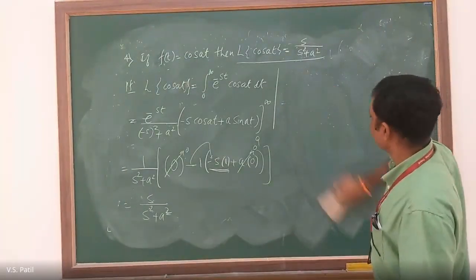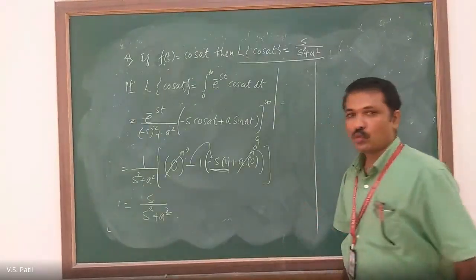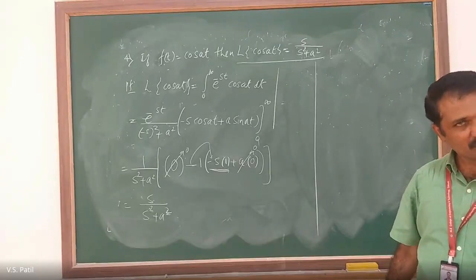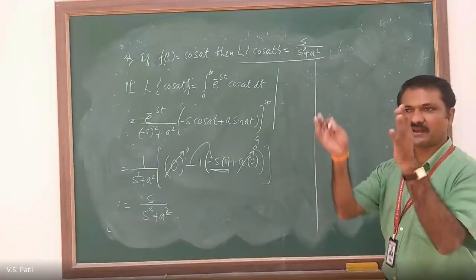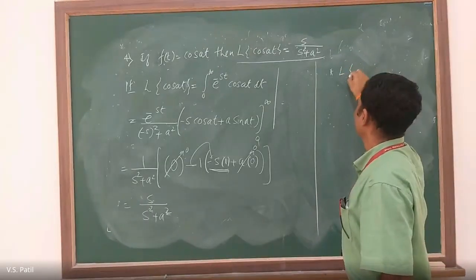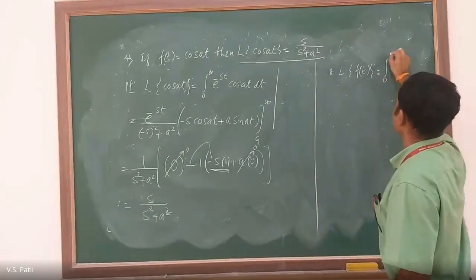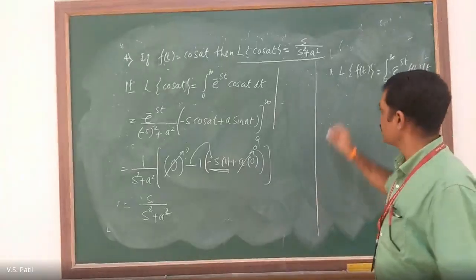But for the time being, whenever you come to the next class or when you finish off a class, you should remember, at least glance, what you learned in today's class. Laplace transform of f of t is integration 0 to infinity e raised to minus st f of t dt. That is the definition.